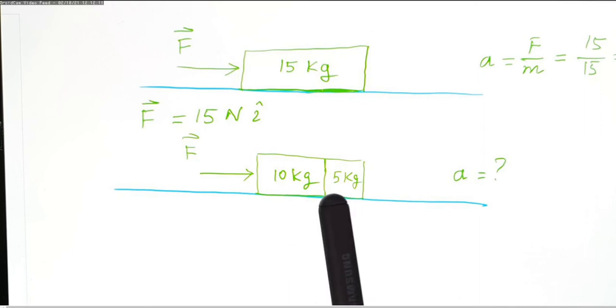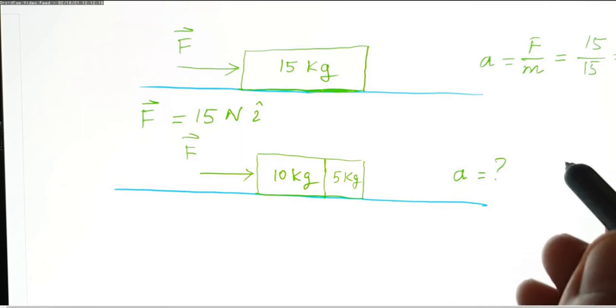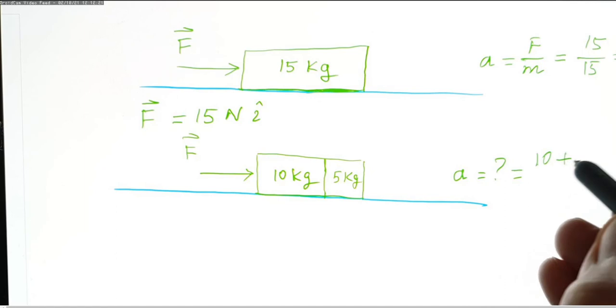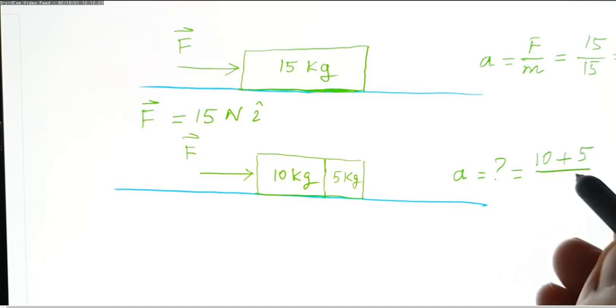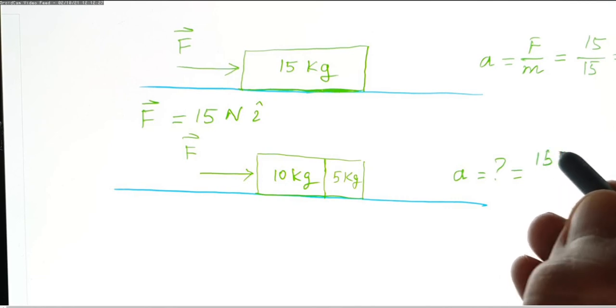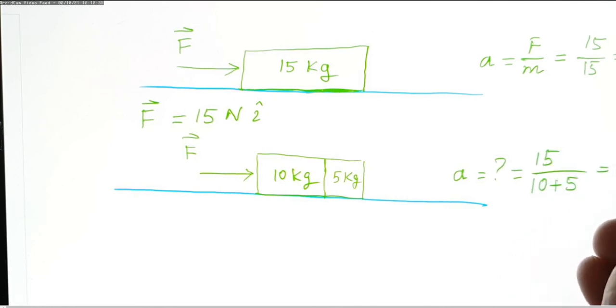So they must have the same acceleration, which is 15 divided by 10 plus 5, which is 1 meter per second squared.